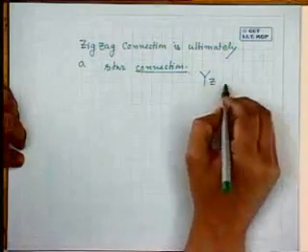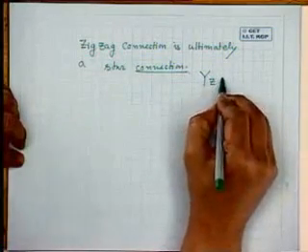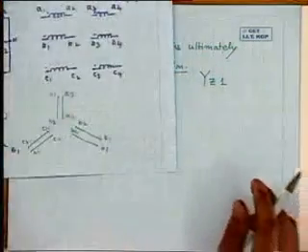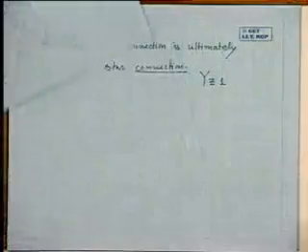And this connection will be represented as, suppose primary star, secondary zigzag, and suppose 1 I want to do.